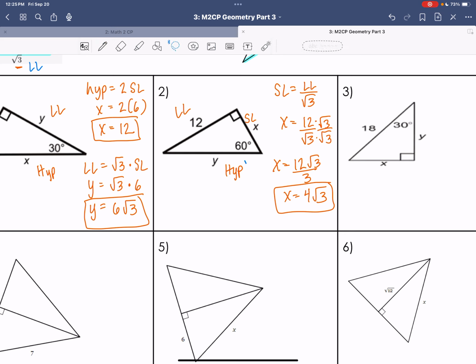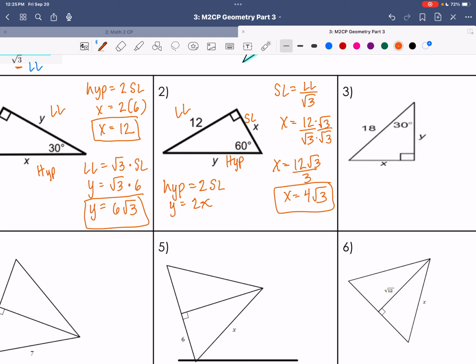Now for y, we're going to come over here. For y, it's the hypotenuse. So your hypotenuse is 2 times the short leg. So hypotenuse is y, 2, and your short leg is x.